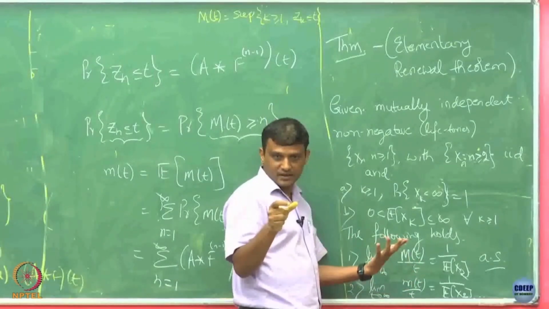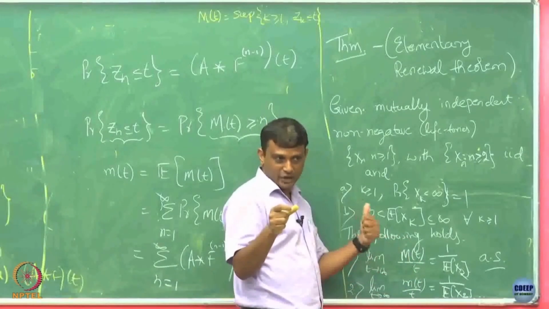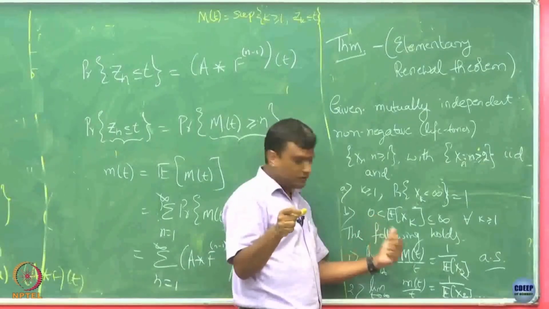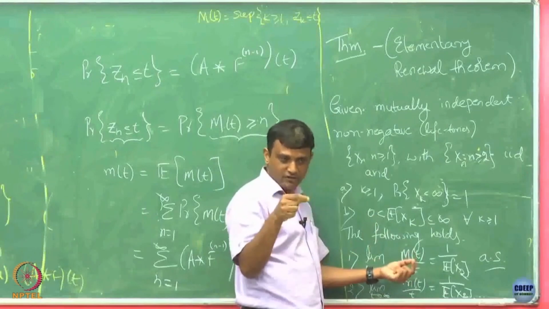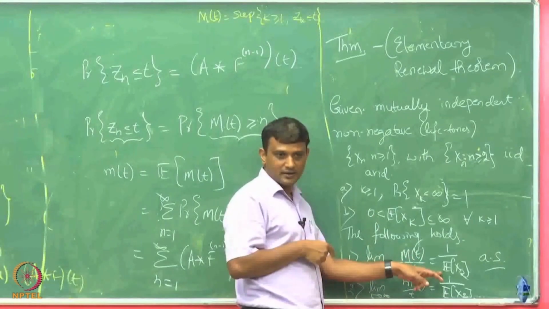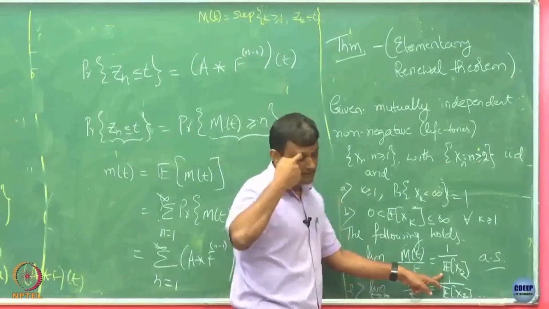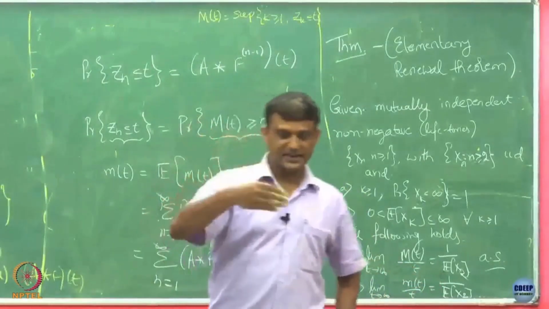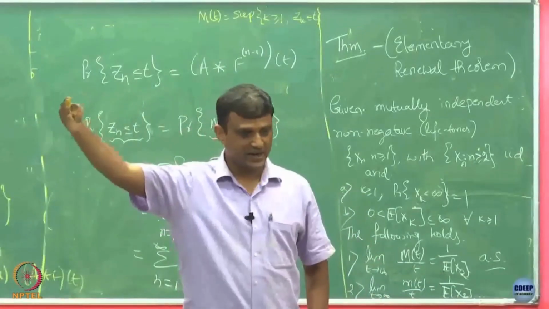So how many renewals are happening per unit time, that is the question you are asking, right? We are saying that the number of renewals per unit time is 1 upon the expectation of x2, right? So you are repeating, so x tells you at what time you are repeating, right?